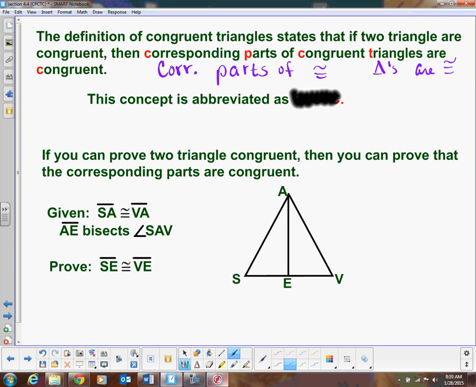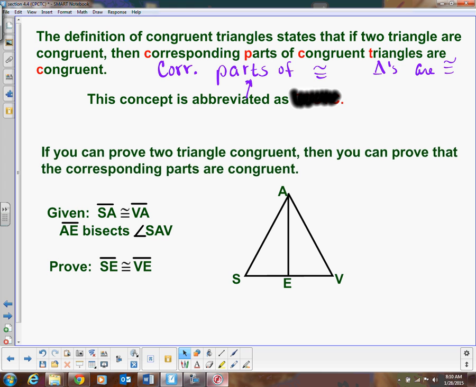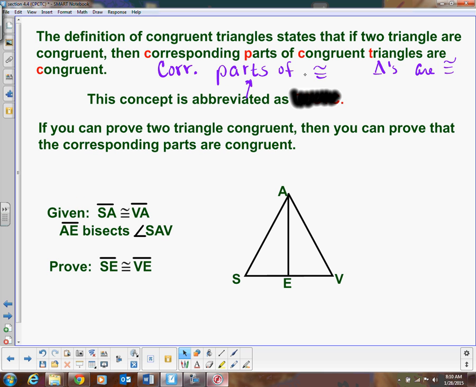So this statement I've written out kind of abbreviated. Corresponding parts of congruent triangles are congruent. That's its abbreviation as far as we're concerned. So as we do the homework today, go over questions, I'm going to show you how this fits into what we've been doing. So this is what your homework should look like tonight.